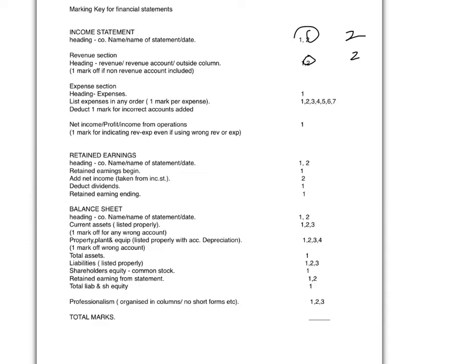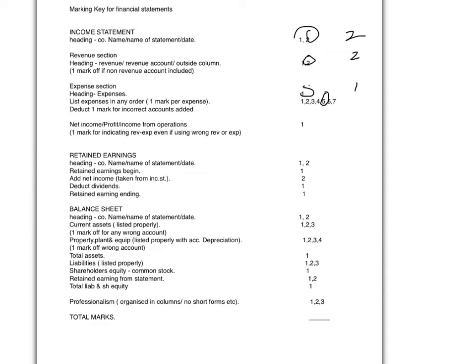Now, the expense section. Again, the heading. Expenses, if they have that clearly identified, 1 mark. And then they list all the expenses in any type of order. So we would give 1 mark for each expense. And on this exam, in this example, there were 5 expenses.